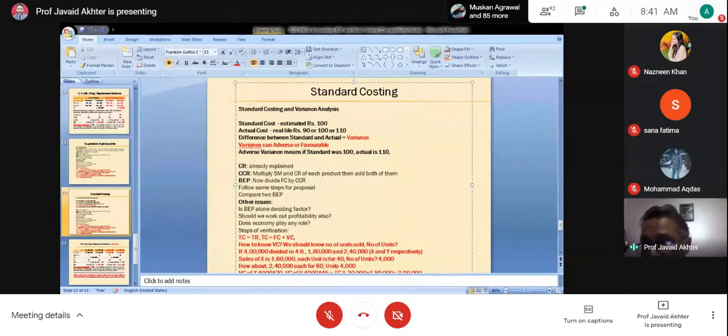Any logic you can apply here? The favorable variances should be credited and the other one should be debited. Okay, any reason for that? Sir, if we talk about favorable variances, we could say that if profit occurs, then it would be credited, and if loss occurs, then it would be debited.